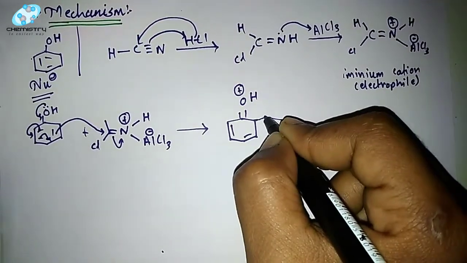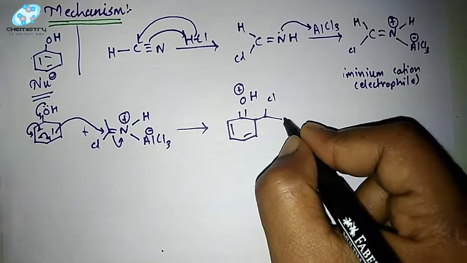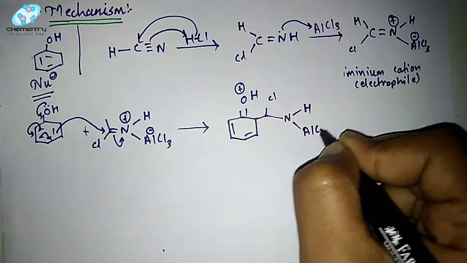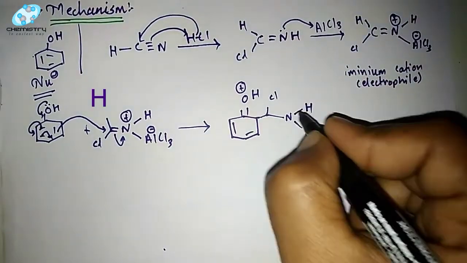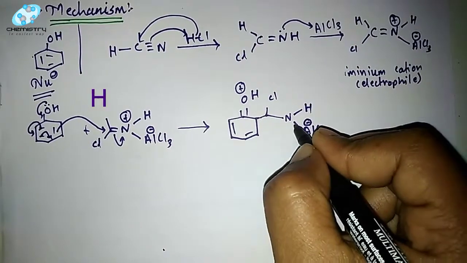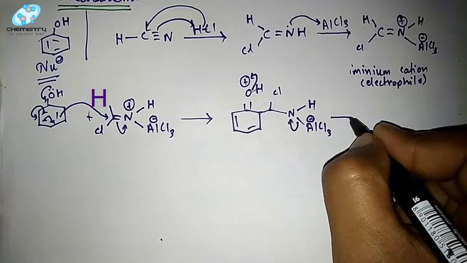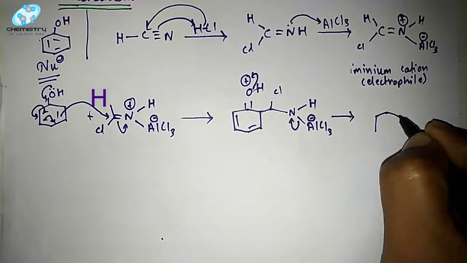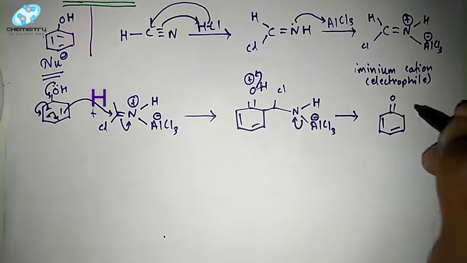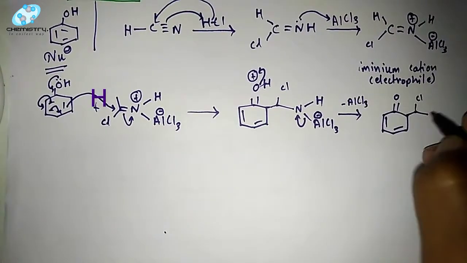Oxygen will get a positive charge and we will get NHAlCl3 minus. Now with loss of AlCl3, as AlCl3 will donate back the electrons to nitrogen, we'll get NH2 here.